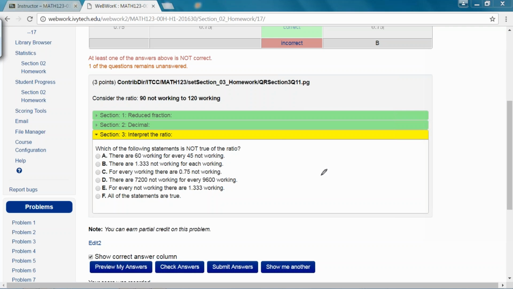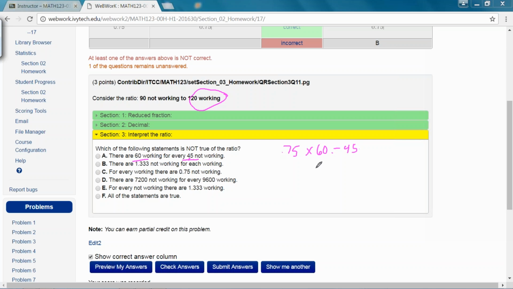How you can know, again, 0.75 is the ratio. They reverse this on us. Okay, it's per 60 working. So you'd have to take 0.75 times 60. And that is a true statement because that is 45.